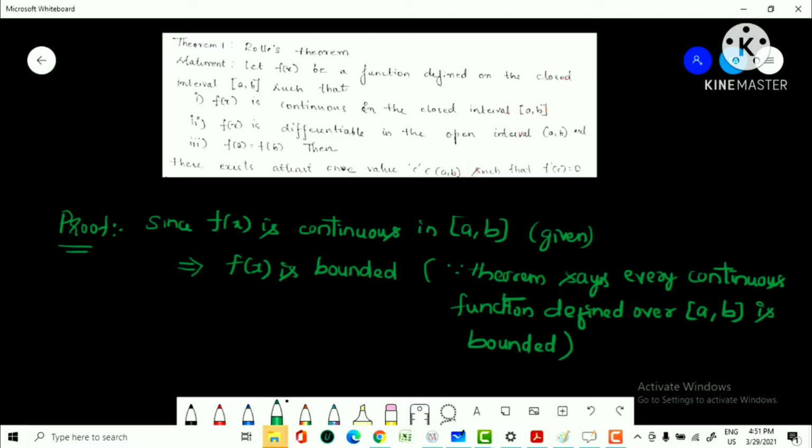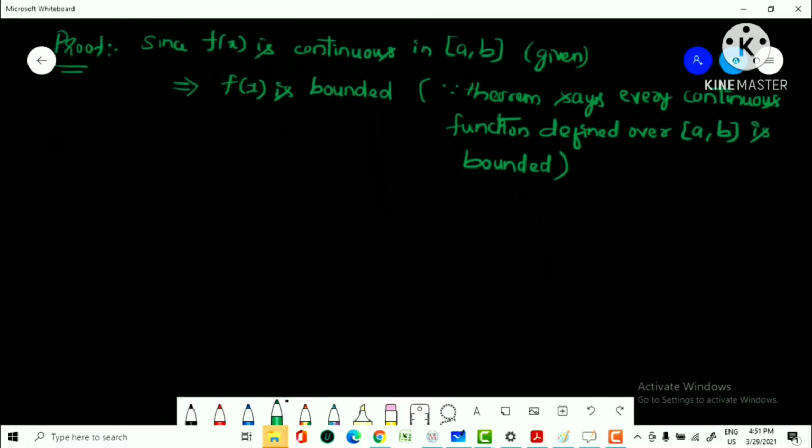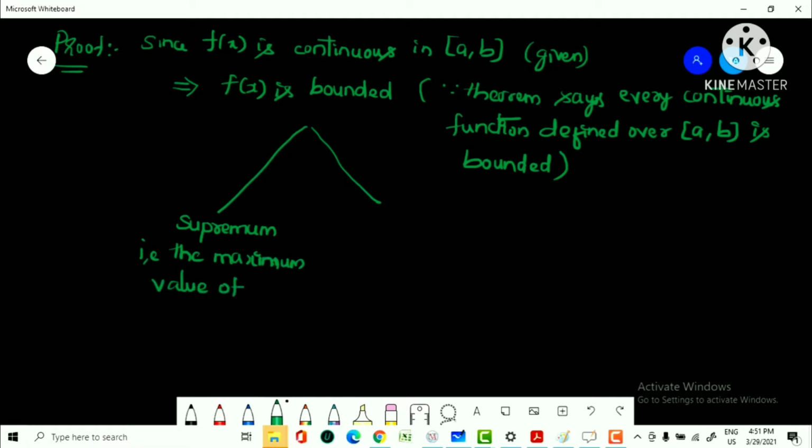And now we know that the function which is bounded will have two values. One is called supremum, that is the maximum value of the function f of x.